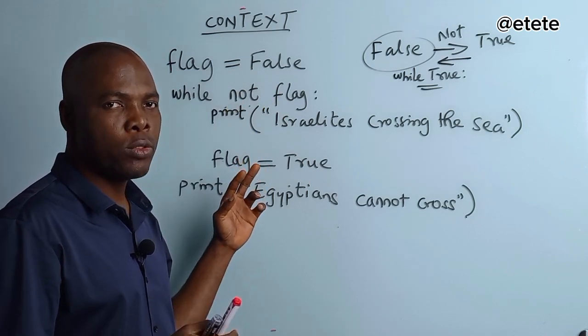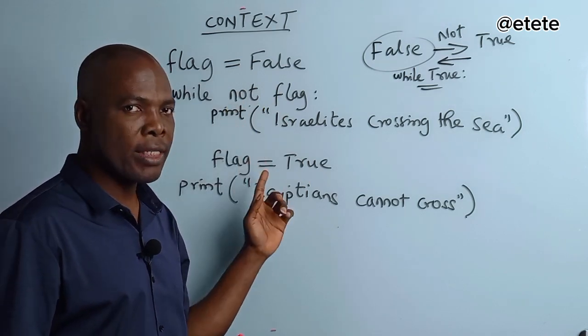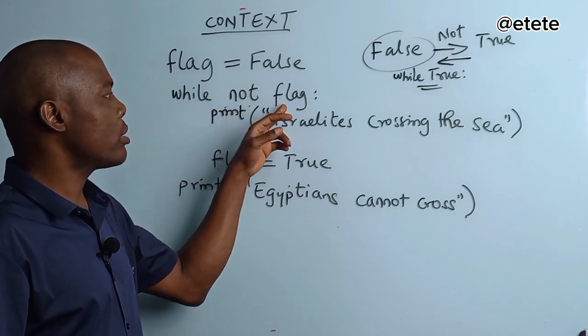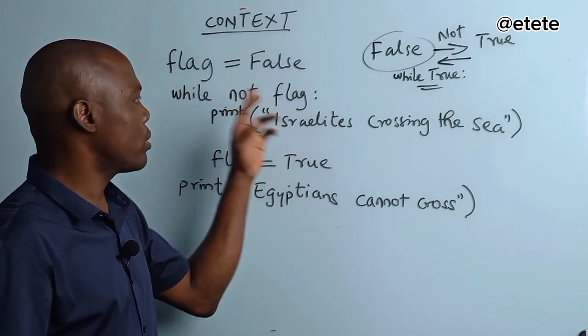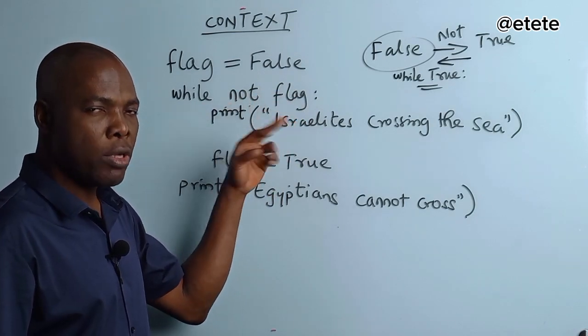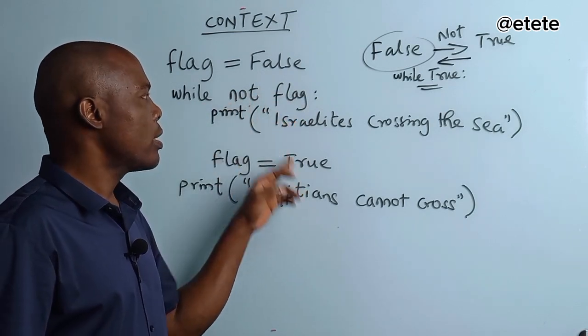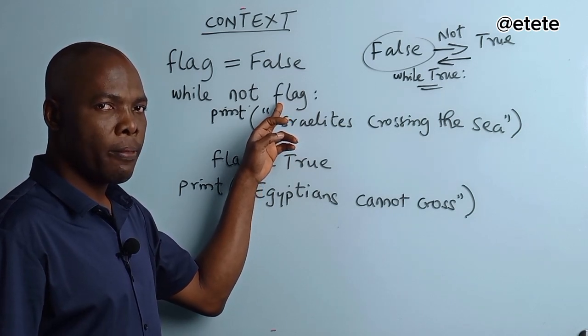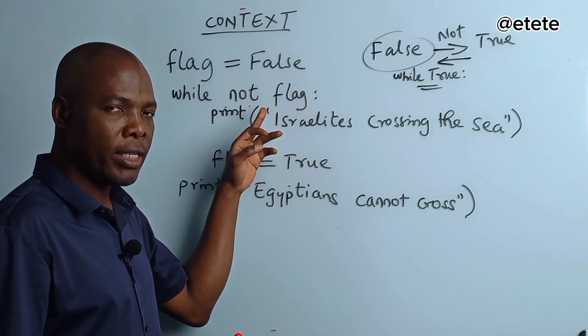And in the next class I'm going to teach you, I'm going to use something like this. So I need you to understand what it means. While not flag: if the flag is false, this one becomes while not false, which is while true. But if the flag is true, then this will become false.